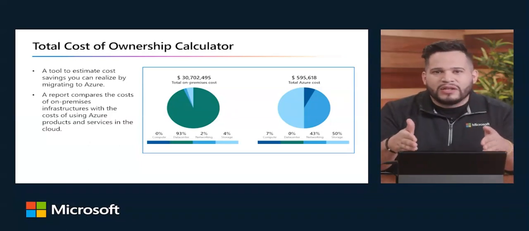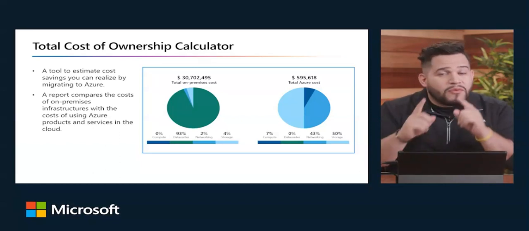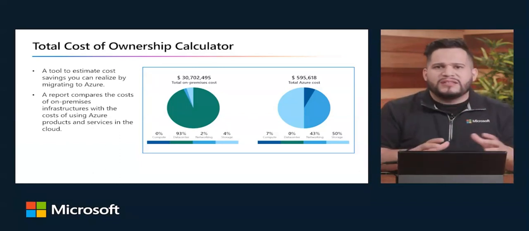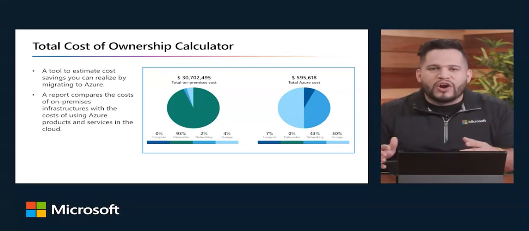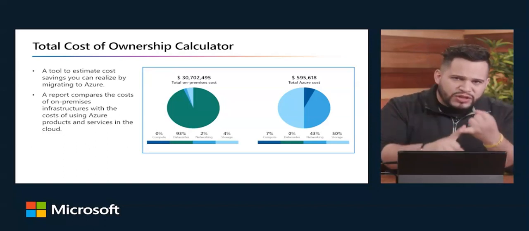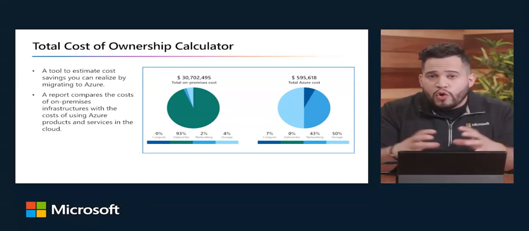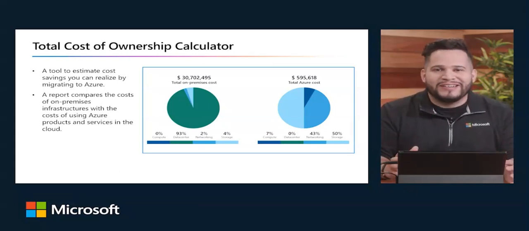That's what the TCO calculator is for. It's migration to the cloud. And remember that the TCO calculator takes everything into account. Not just infrastructure, not just your other costs, but it takes into account electricity cost, rent, and many other factors that go into your total cost. Hence the name, total cost of ownership calculator.